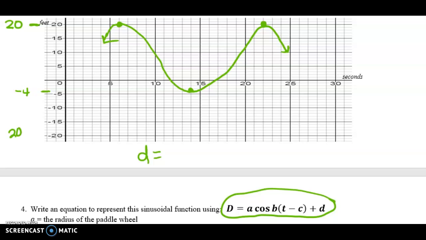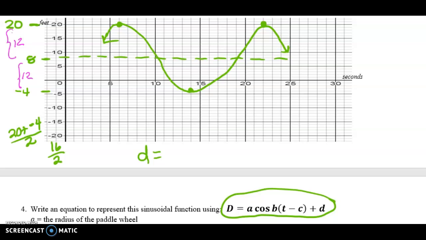So 20 plus -4 divided by 2. 16 divided by 2 is 8. So our midline should be right here at 8. Okay, that's our midline. So now we can see that the amplitude is 12.